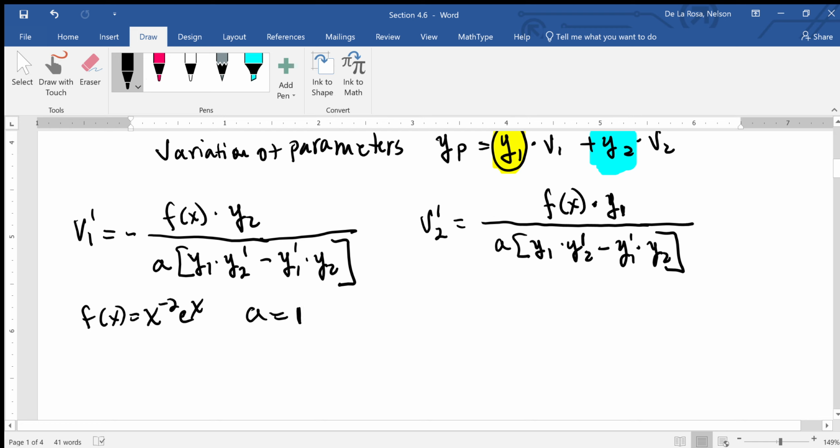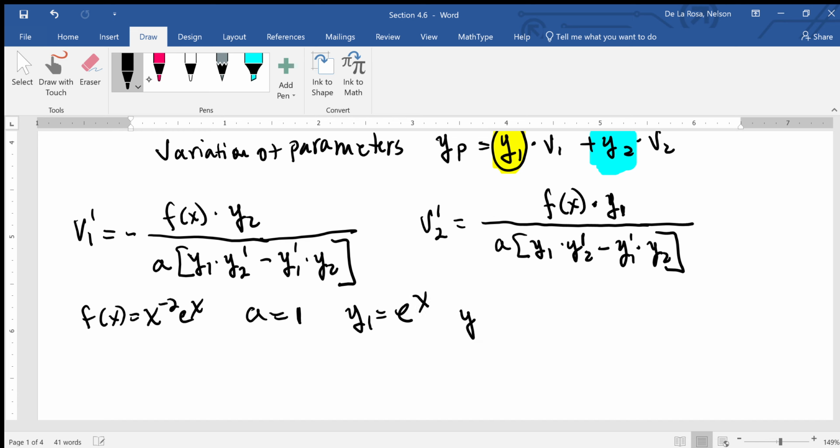Then y1 is e to the x, y2 is x e to the x, and we have to find the respective derivatives. The derivative y1 prime is e to the x.